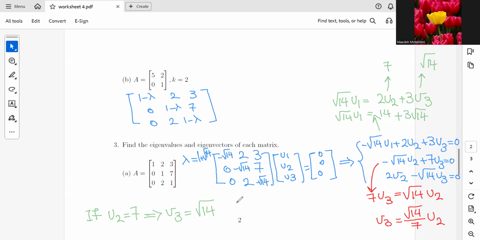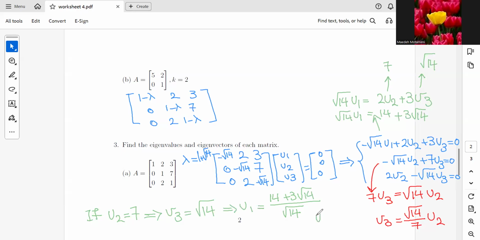And from here, if you divide both sides by square root of 14, you would have v1 as 14 plus 3 square root of 14 divided by square root of 14. And also you can multiply this by a conjugate.